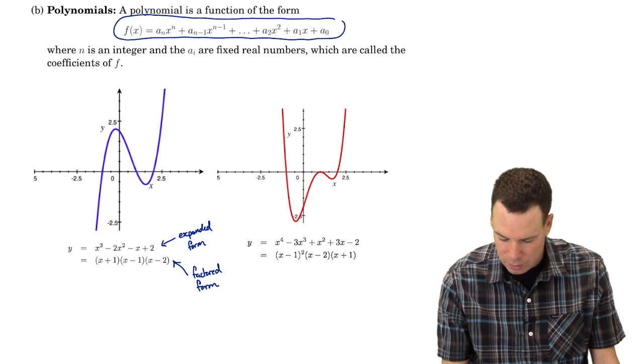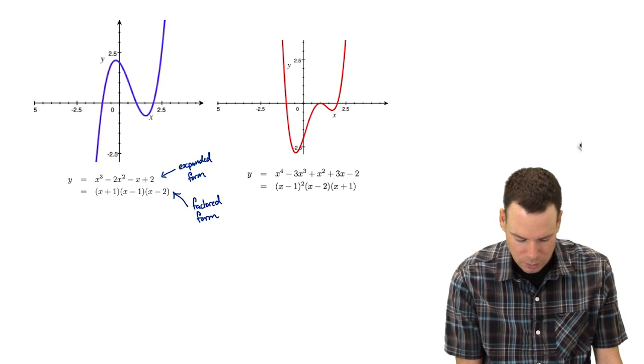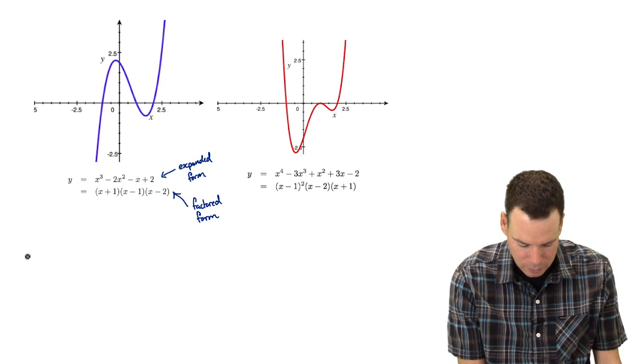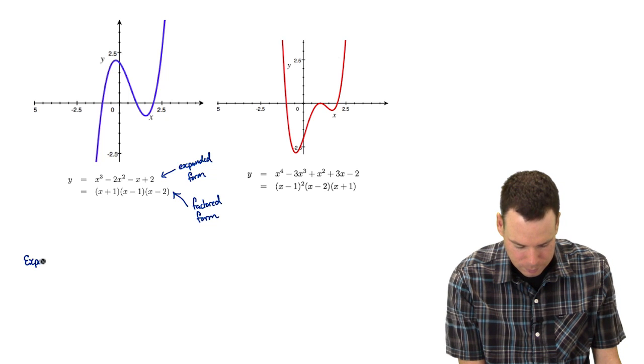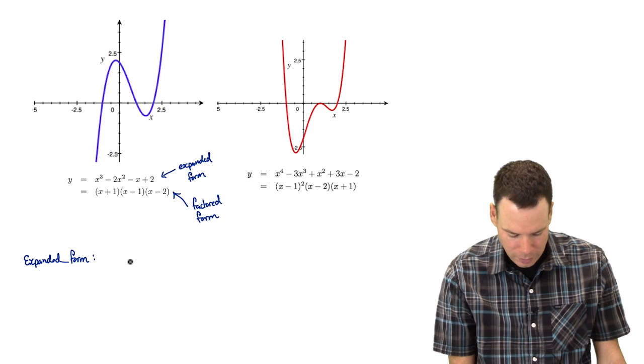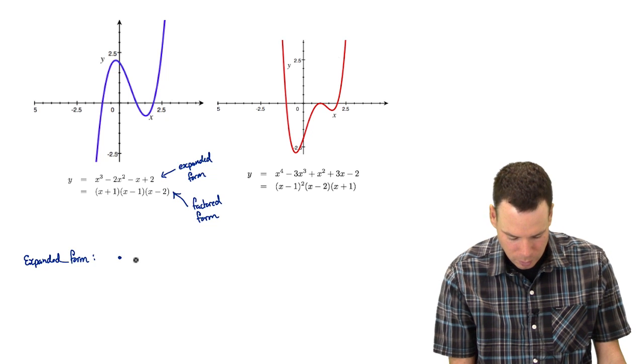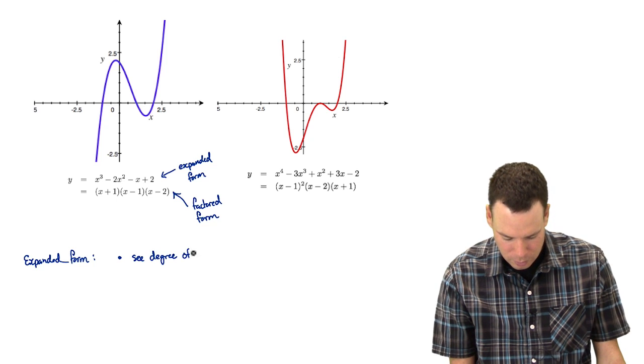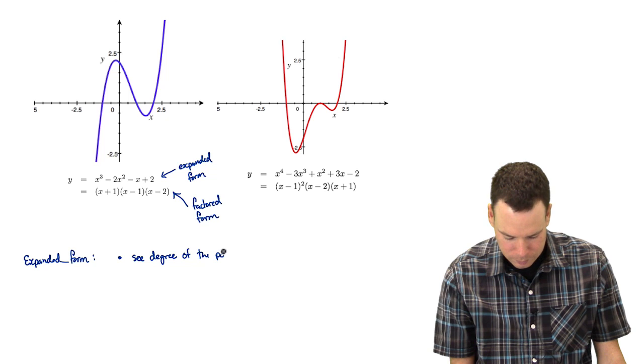So let's just indicate what kind of information we get. So what do we get from the expanded form? Well, things we can get right from the expanded form are we can find or see the degree. Immediately we can see the degree of the polynomial.